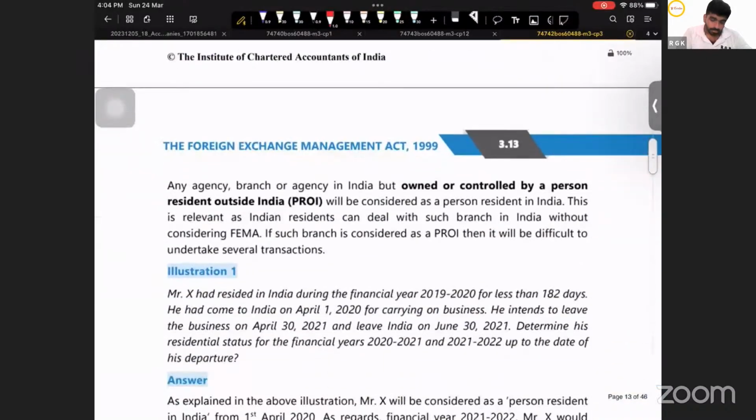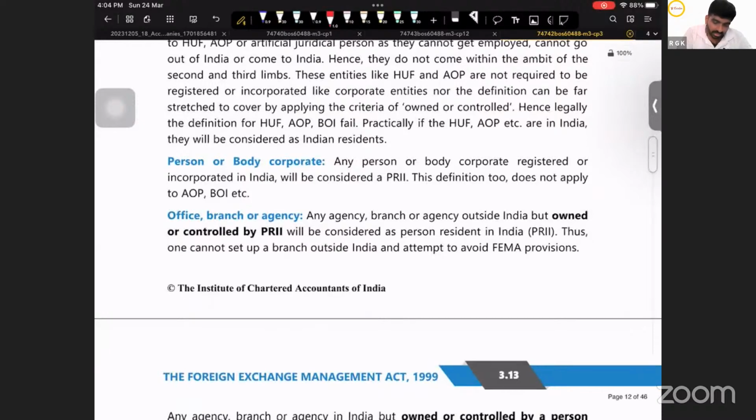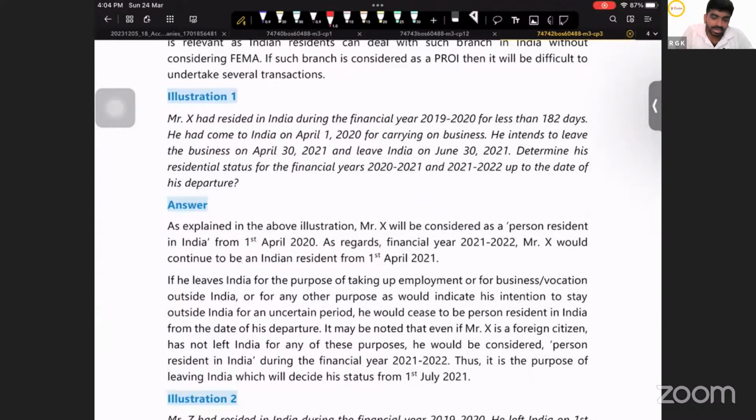Now, let us see the illustrations given to us one by one. X had resided in India during the financial year 1920 for less than 182 days.